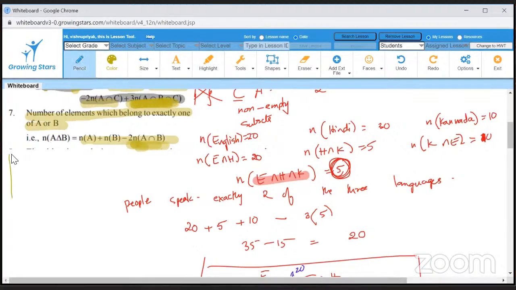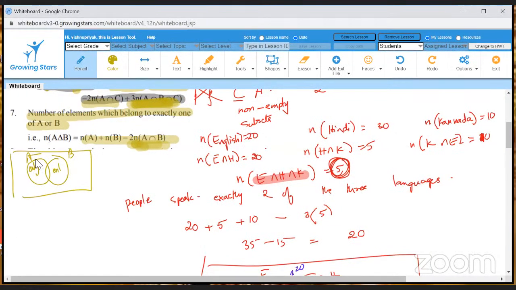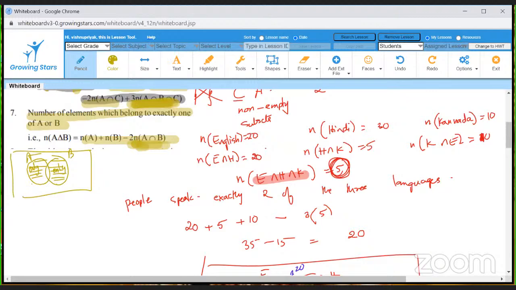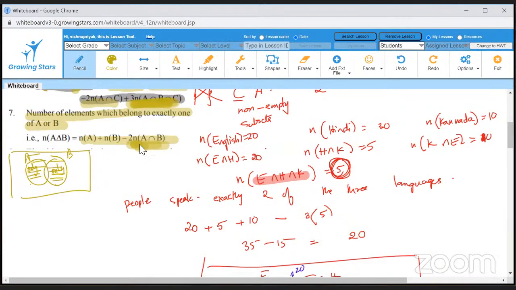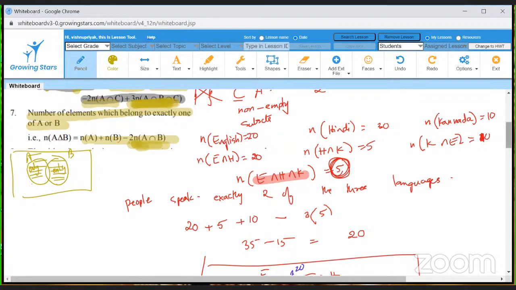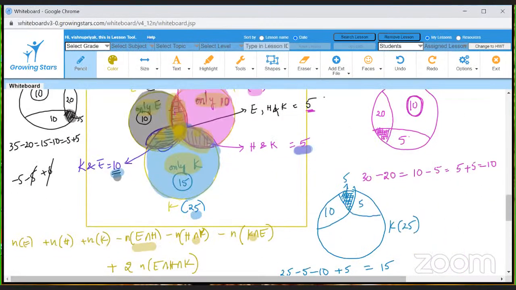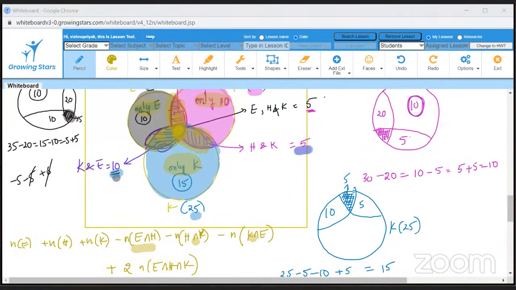In this 7th example, only 2 circles, A, B. Only A, only B. We are talking about only one language. So this is the formula. These are the shortcut formulas which you are learning today.